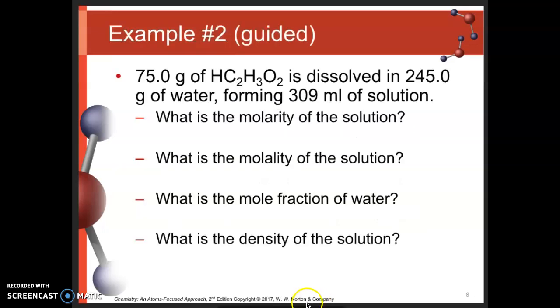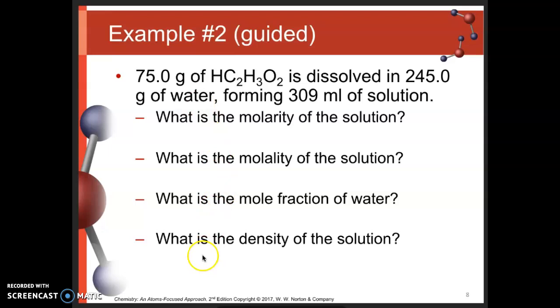And so for that, here's an example problem covering all the different types of concentrations that are possible. In this scenario, I've got 75 grams of acetic acid being dissolved in 245 grams of water to form 309 milliliters of solution.